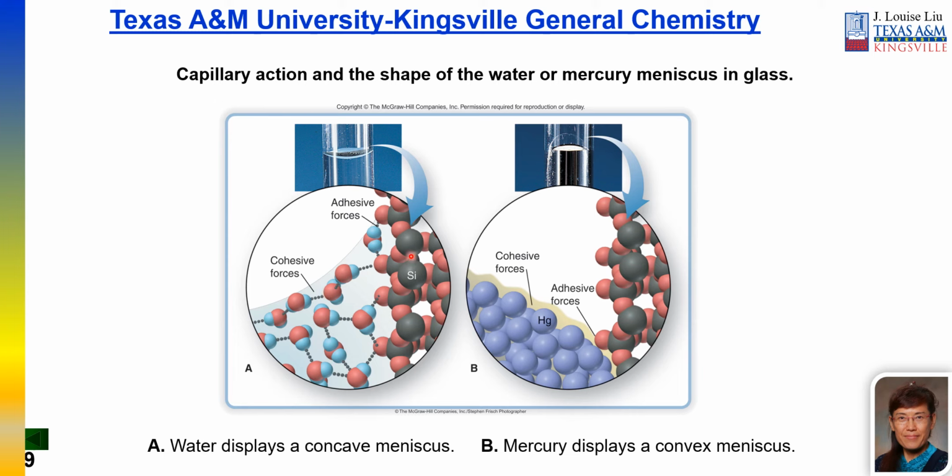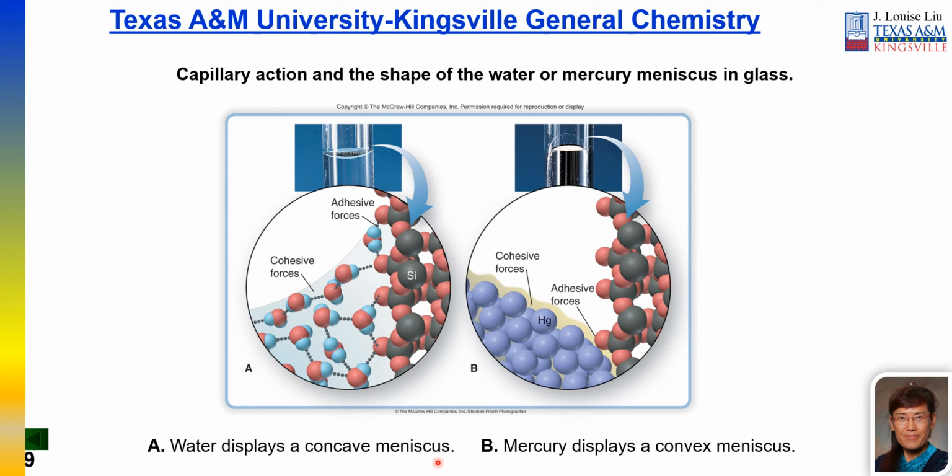Your silicon dioxide and your water molecule, they attracted to each other through a very strong dipole interaction. This cohesive force and adhesive force, you do the comparison. The interaction between water and the silicon dioxide, SiO2, is very strong. Therefore, your water climbing up, you are going to see a concave. You see the meniscus curved down.